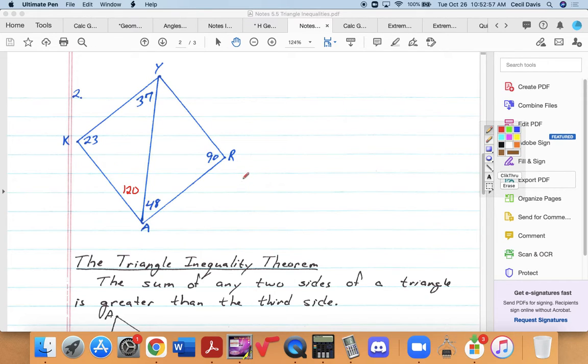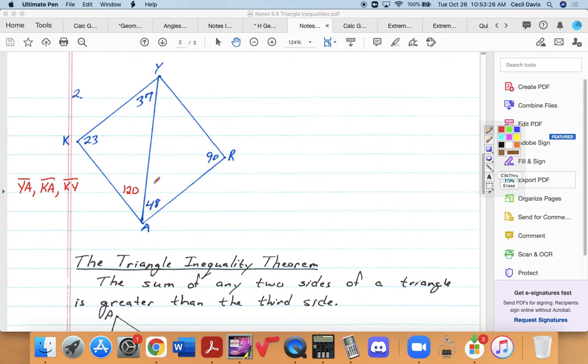What's the shortest side? YA is the shortest side, right? I told you that just seconds ago. This is badly not drawn to scale. What's the next biggest side? KA. What's the biggest side on this side? KY.